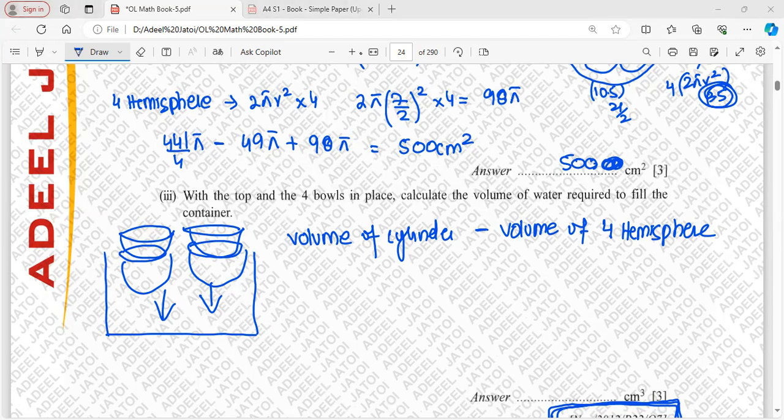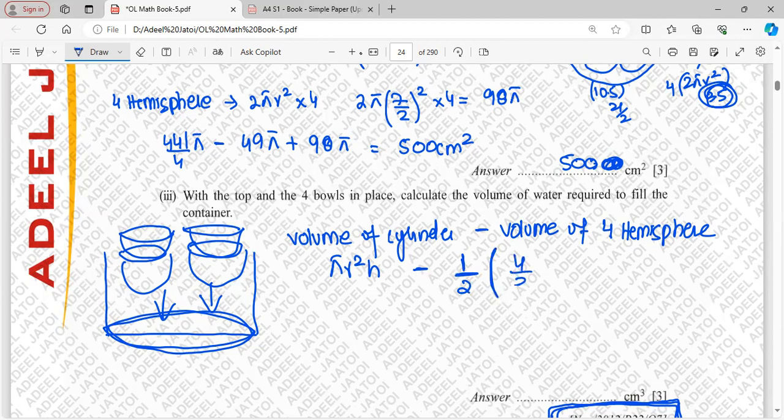So what is the formula of cylinder volume? Base area into height. The base is a circle, right? So this will be pi r square h, base area into height, minus 1 upon 2, and the volume formula is 4 upon 3 pi r cube, and this will be multiplied by 4.